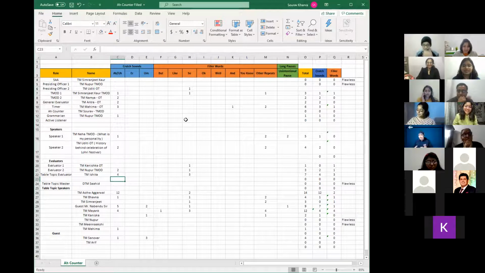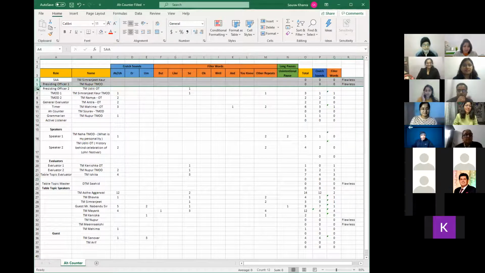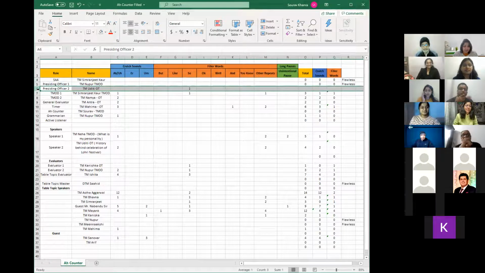I'm seeing Toastmaster Simranjit laughing out loud at that. So starting from Toastmaster Simranjit, she is flawless. Toastmaster Nupur, of course, is also flawless. After that, we have presiding officer number 2, Toastmaster Uditi.